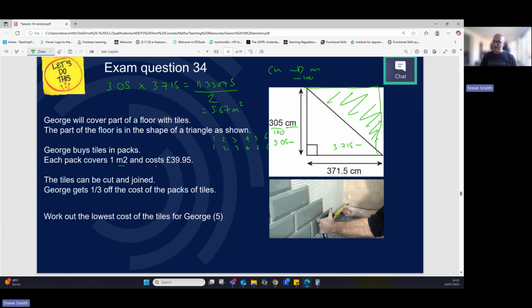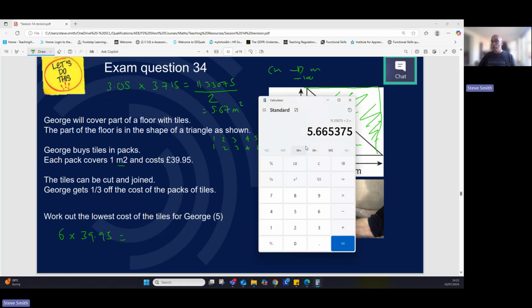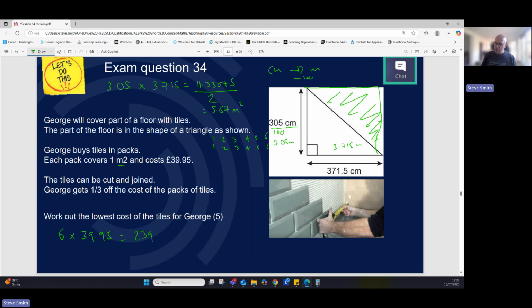So we need 6 packs, and the tiles cost 39.95 per pack. If you wanted to go just 6 times 40 and then take away 6 times 5p, 30p, absolutely you can do that. But we're going to go 6 times 39.95 equals £239.70.